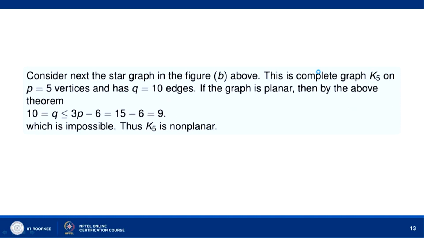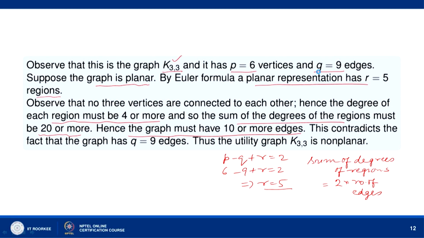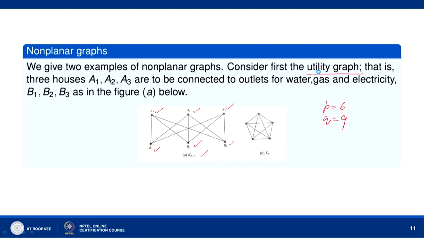Now, let us consider the star graph here, this one. There are 1, 2, 3, 4, 5 vertices. In graph B, p is equal to 5, and every vertex is connected to every other vertex. So, here q is equal to 5C2, which is equal to 10.